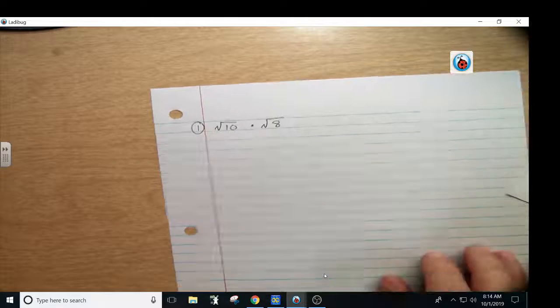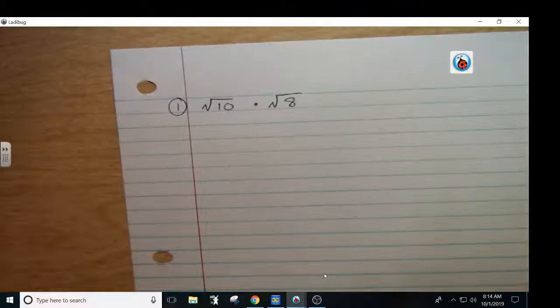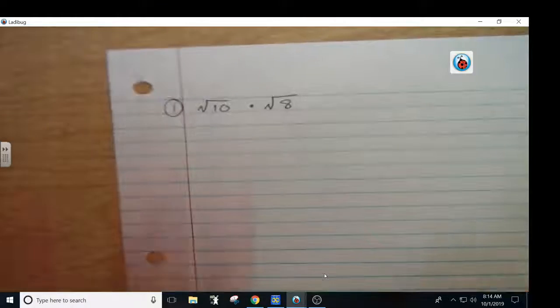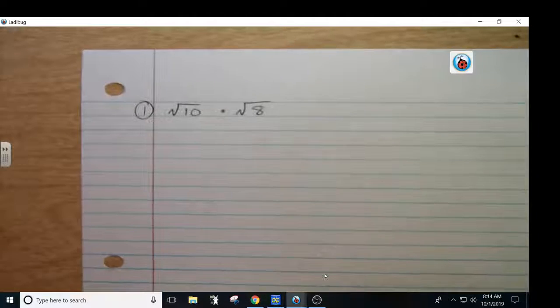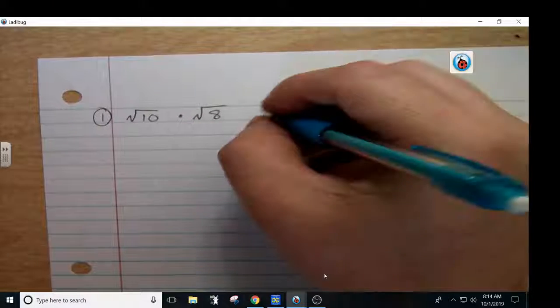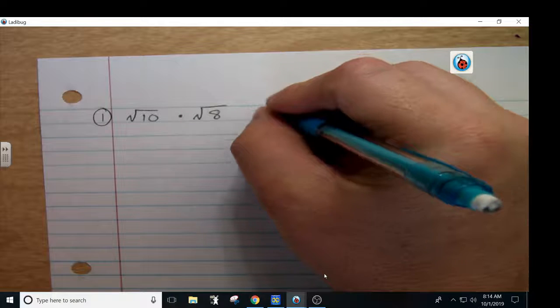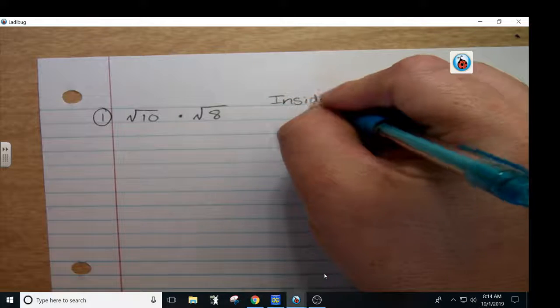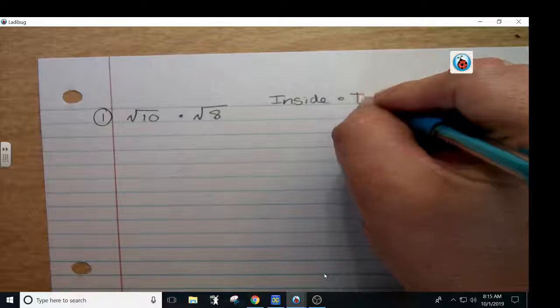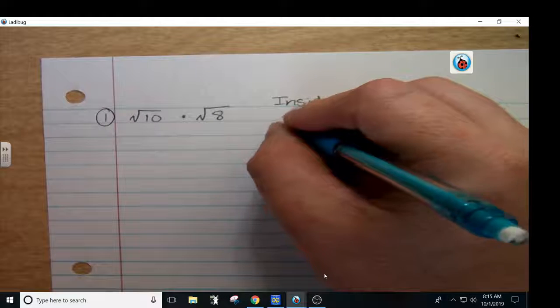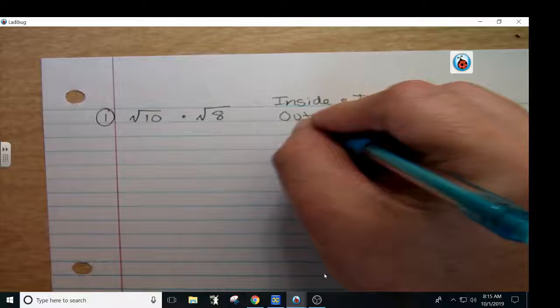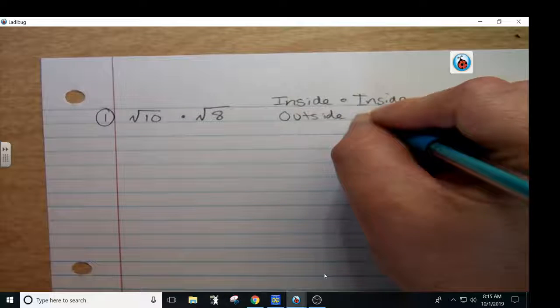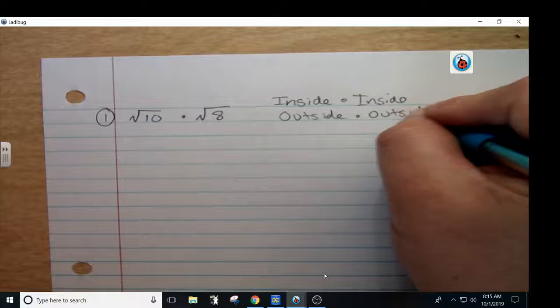Anytime you're multiplying radicals, here's the rule. You can multiply inside times inside, and you can multiply outside times outside. Now, what does that mean?